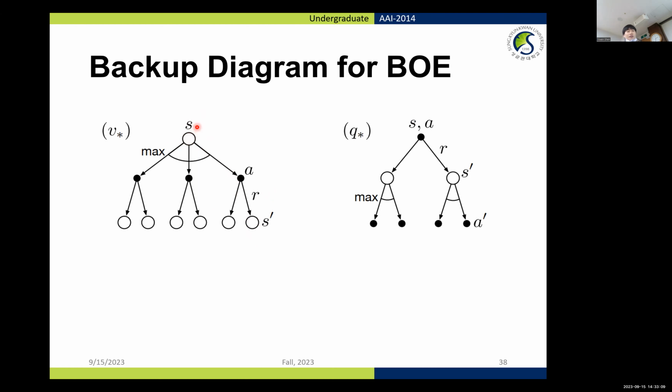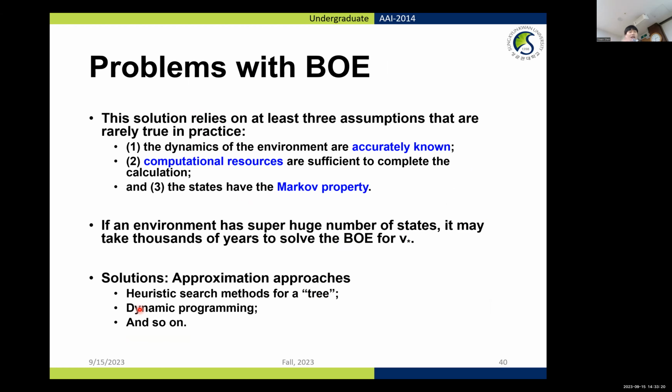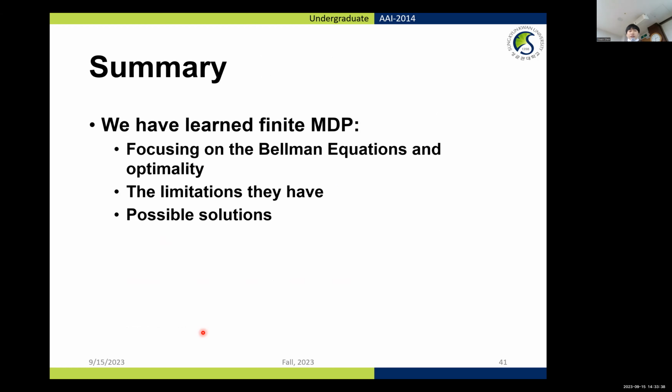So we can do the tree search. We can also rely on dynamic programming, which we will take a look at later, and some other approaches. After the midterm we may touch on that part, because there are approximation methods for doing these kinds of tasks.